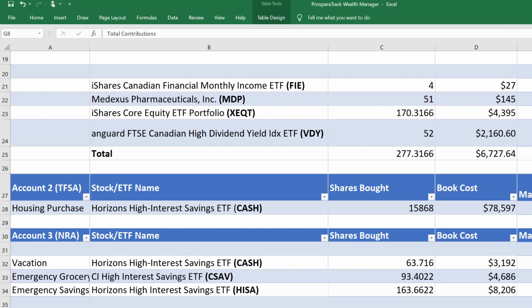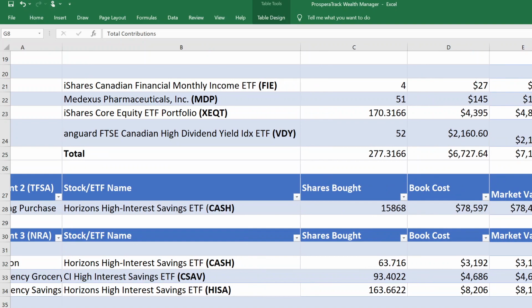The current amount of shares is currently 1,586.8, and the book cost for this account is 78,597, and market value as of today is 78,486.